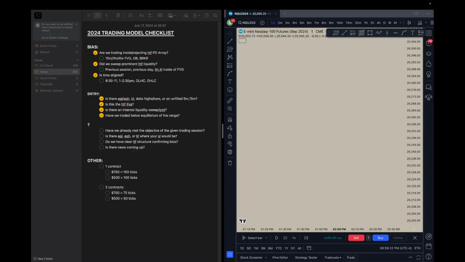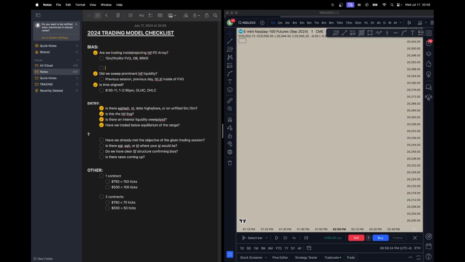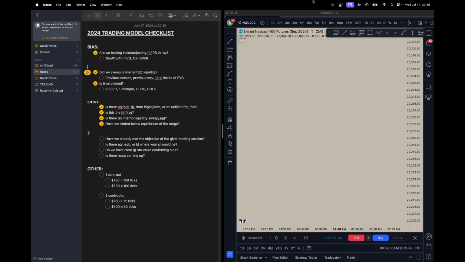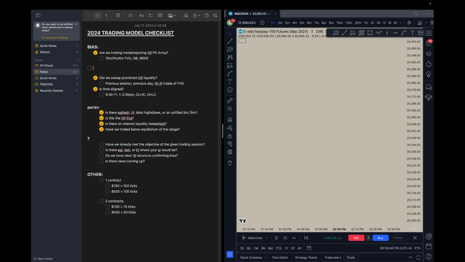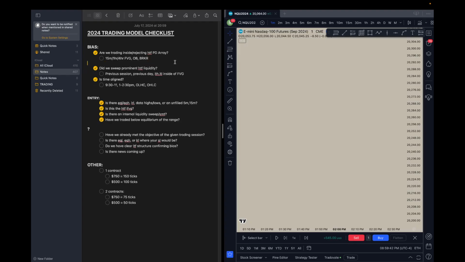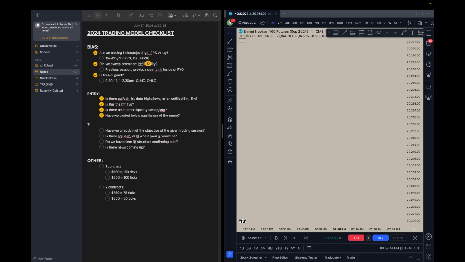For the first bias point, it says trading inside, rejecting. Is sweeps not a good way? Yes, again, this could either be an and or. I'll just say and or.